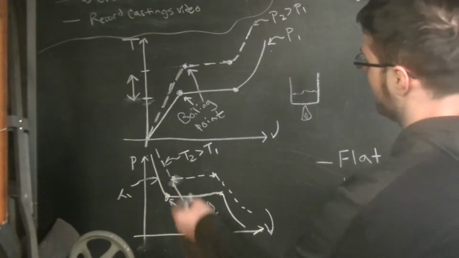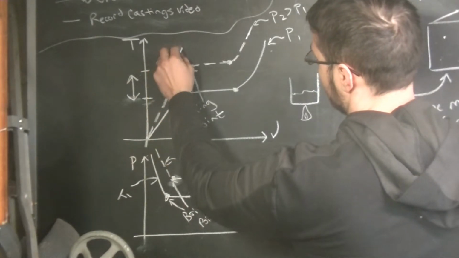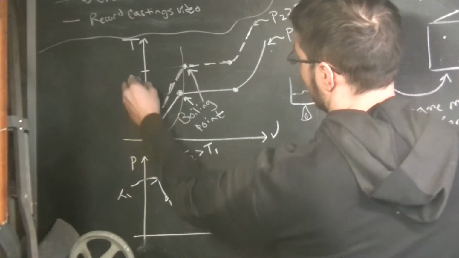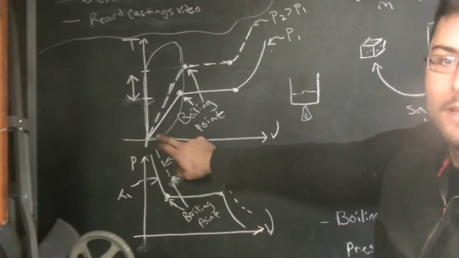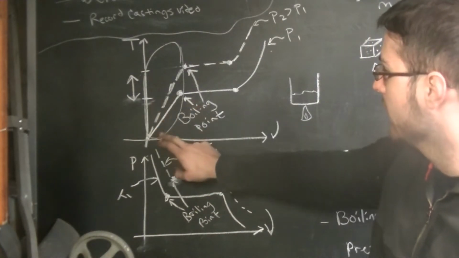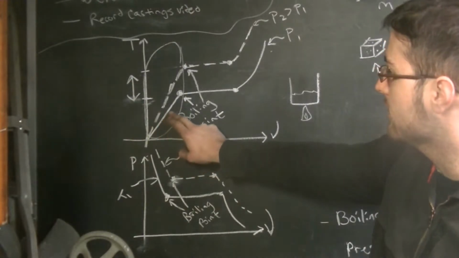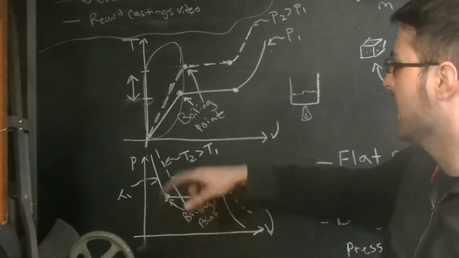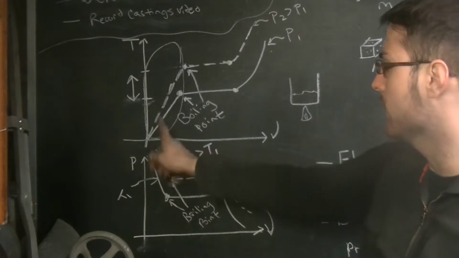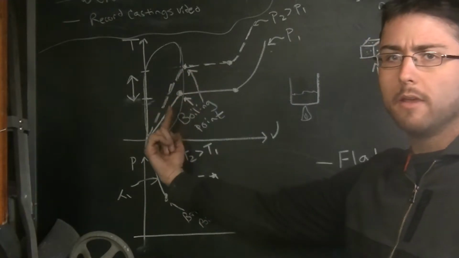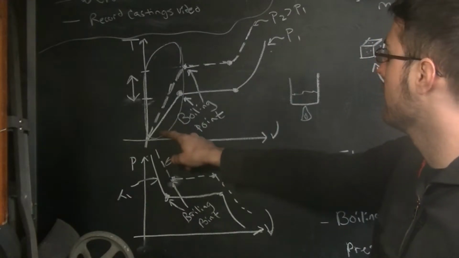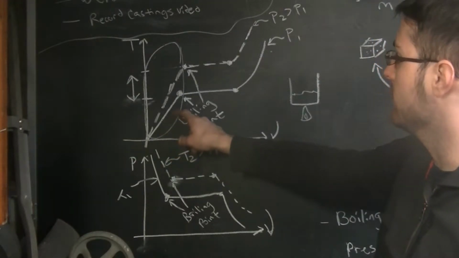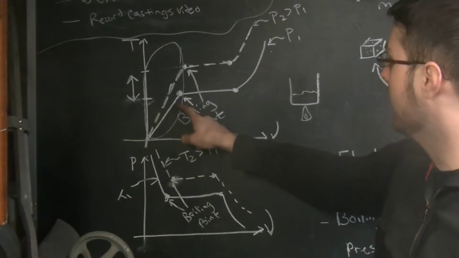It's just liquid, so this region here is compressed liquid. As you increase the temperature, the specific volume increases, the water will expand. It's not that much. The slope of these lines is probably way too much, but regardless, the volume of the water will expand when you're heating it.